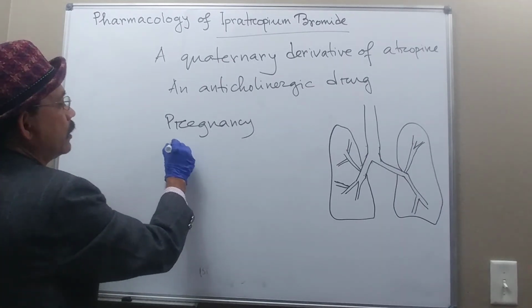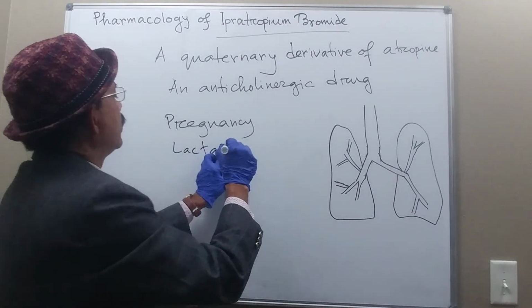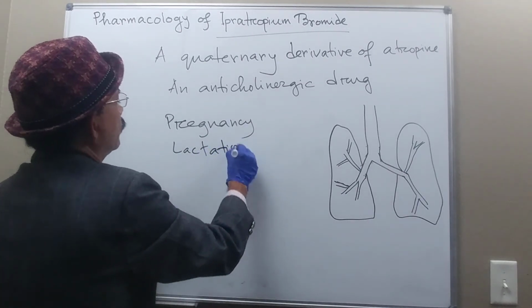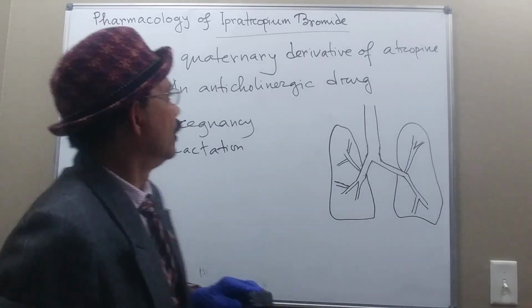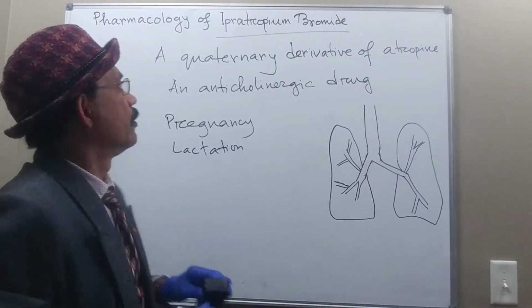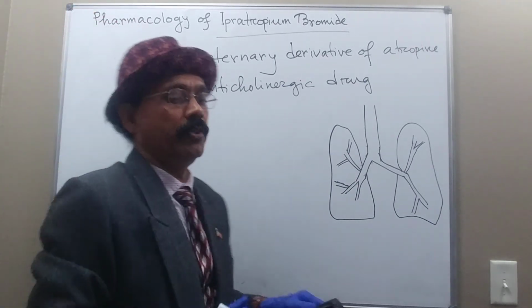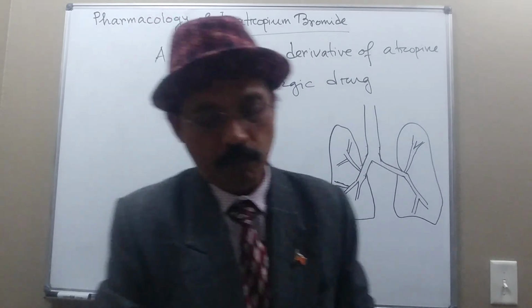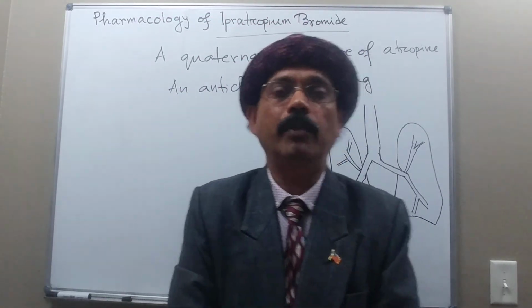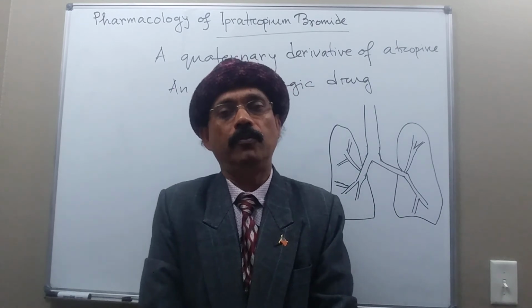It doesn't go to the lactation, but may come in a very small amount in a lactating mom. Okay, so we got the pharmacology of the Ipratropium bromide. This is a medication for bronchial asthma, chronic obstructive pulmonary disease, emphysema, or chronic bronchitis.